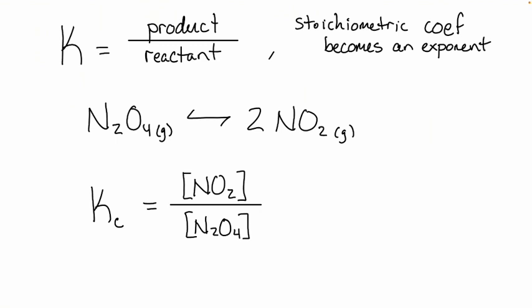So this 2 in my balanced chemical equation is going to be a 2 as an exponent in my equilibrium expression. That 2 is on the product side, so I'm going to raise that concentration of my product to the power of 2. Right? So our coefficient in our balanced chemical equation becomes an exponent in our expression for K.